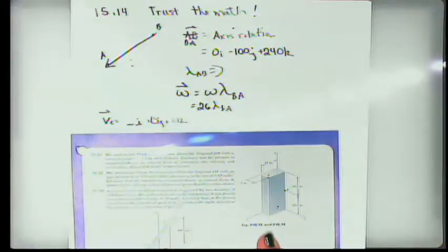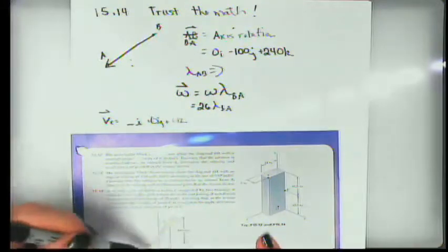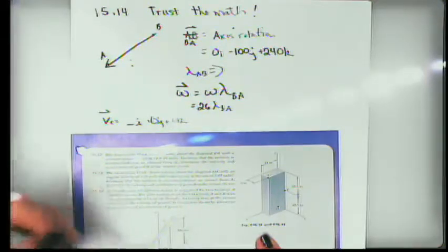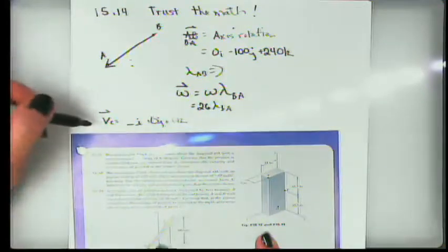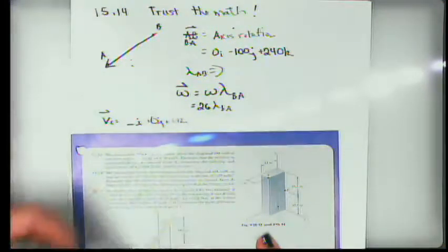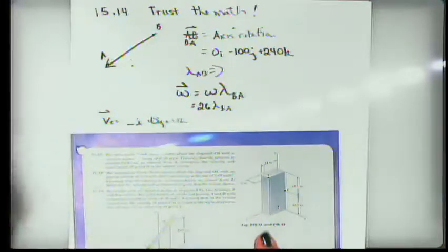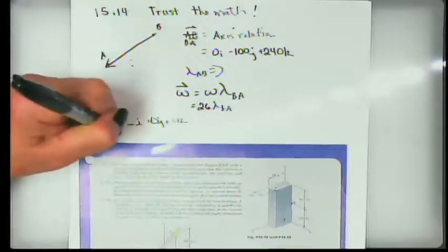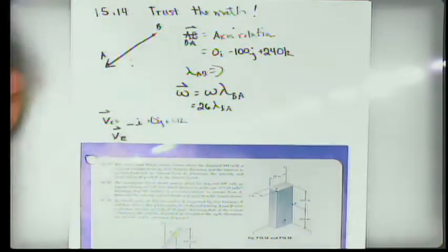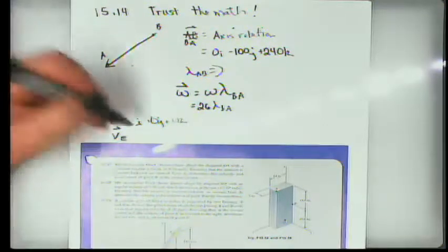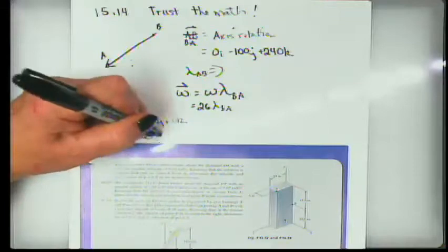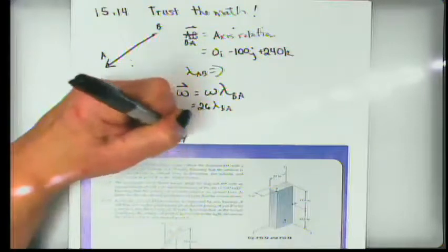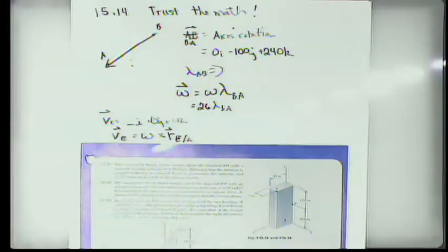But we don't actually know what that means at this point. But it's asking us then, what is the velocity and acceleration of point E? All right, well, if C is moving to the right and we're rotating purely about that axis, that means that we can think about the velocity of E, this is going to be expressed as a vector, as being omega crossed with the vector from E to A, because A is the axis of rotation.